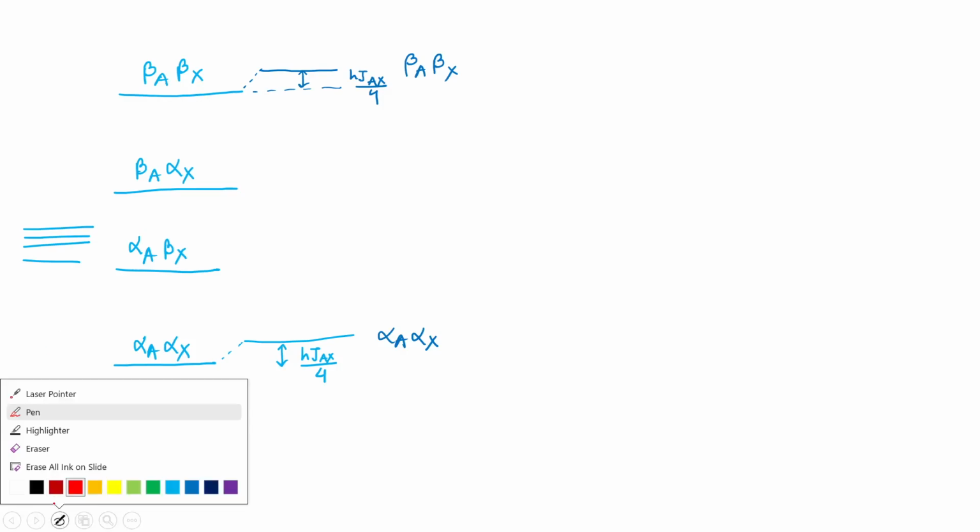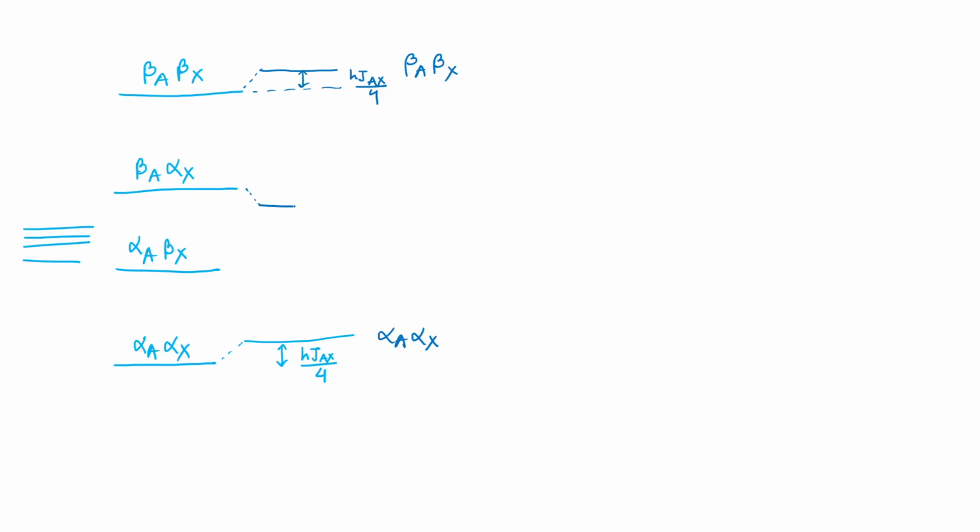So here you can see, this was your E04, this was your E03, this was your E02, and E01.